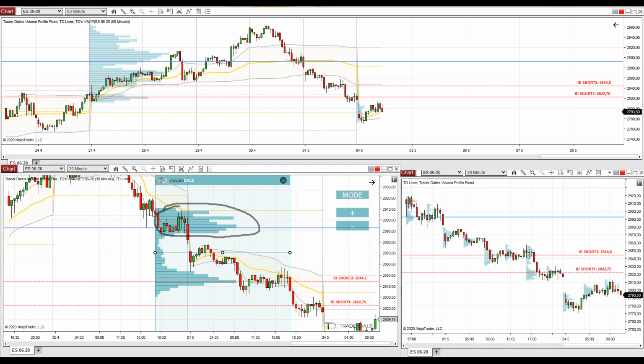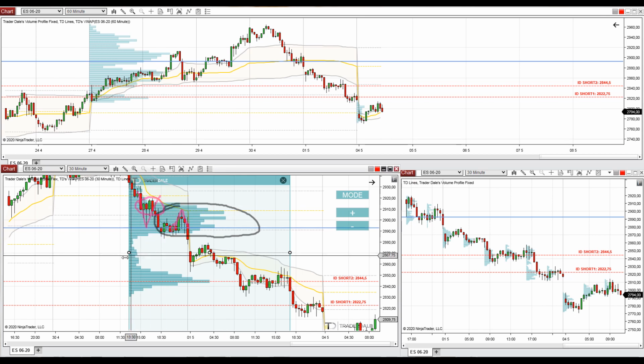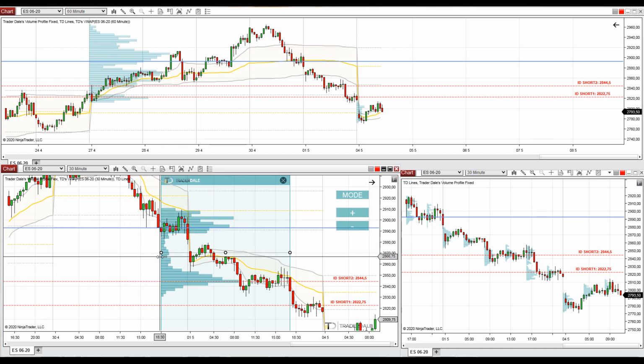I'm not really interested in volumes which got created in this rejection, because this rejection got already tested, and also this rotation was already tested with this rejection of higher prices. So that's why I'm not interested in volumes in this whole area, because those volumes got already tested in here, alright? So that's why I used the flexible volume profile like this, only to see volumes in this area.